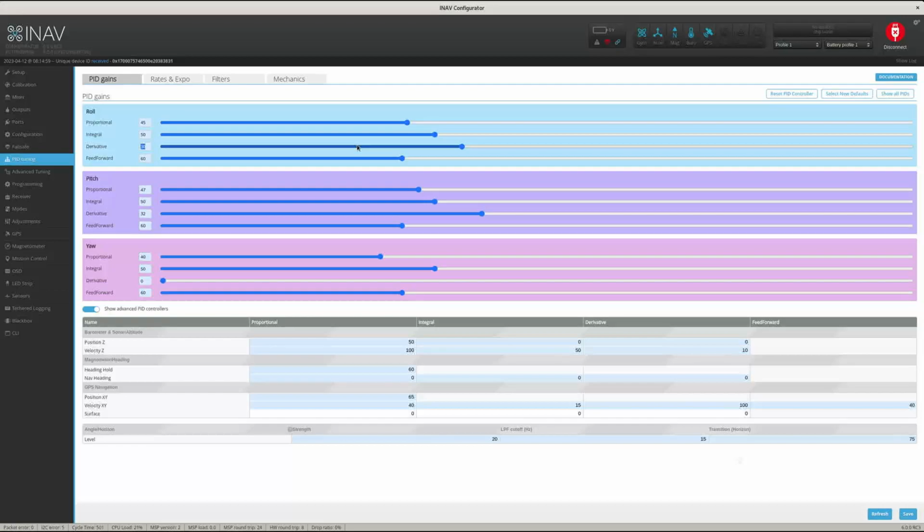I've always used 24 kilohertz in PWM frequency, but what I did change yesterday was the motor timing and ramp up power. The ramp up power was previously set to 30%. I bumped it up to 50%.